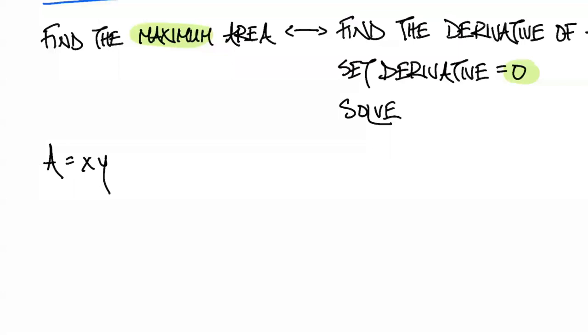Now, one thing that we might notice here is we have two variables. We have x and we have y. So right now, area is really a function of x and y. This right now has too many variables for us.